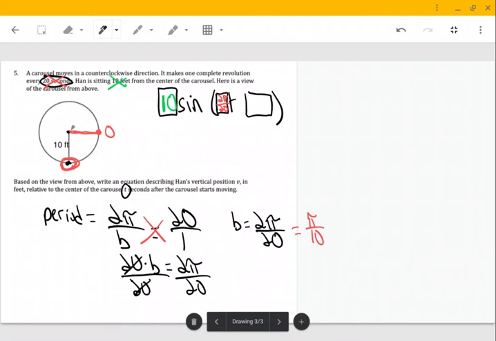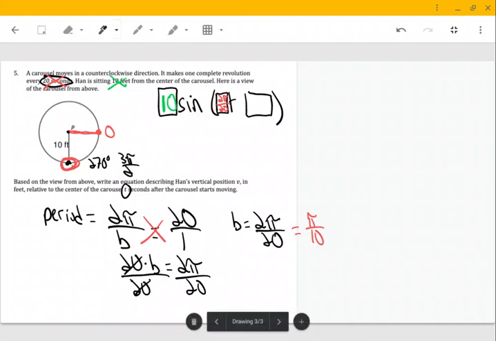Okay. So he is starting at the low point. So the question is, what angle measurement represents the low point of a circle? We learned in the first half of this unit that this low point is either 270 degrees or 3 pi over 2 radians.